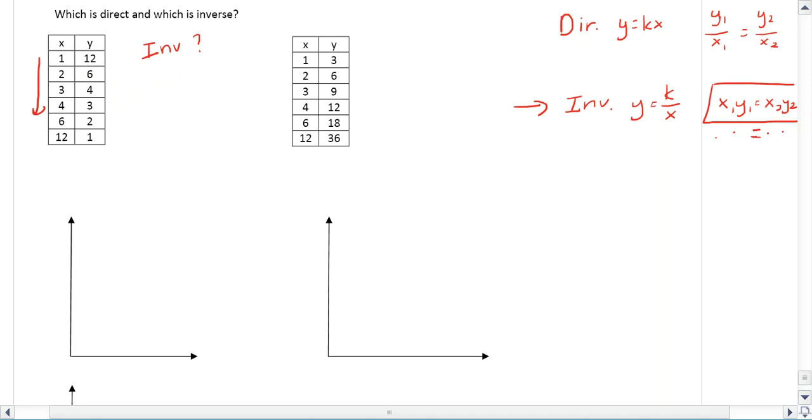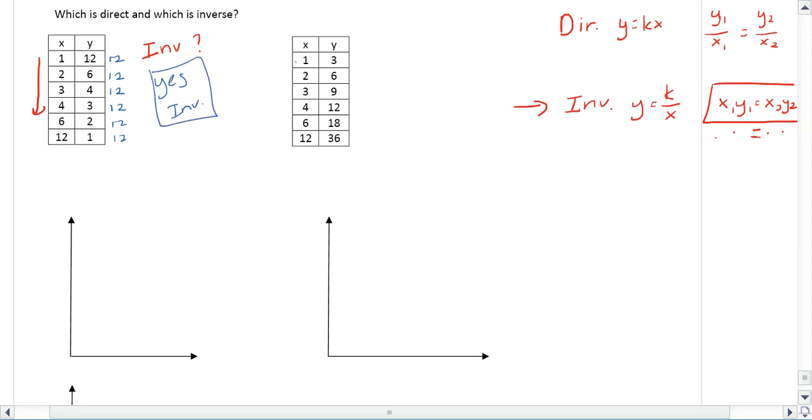So if we looked at x times y in this table, 1 times 12 is 12. Another x times y, 2 times 6, also 12. Any other xy, 3 times 4, 12. 4 times 3, 12. So since all the xy's equal all the other xy's, we can definitely say yes, this is an inverse proportion.